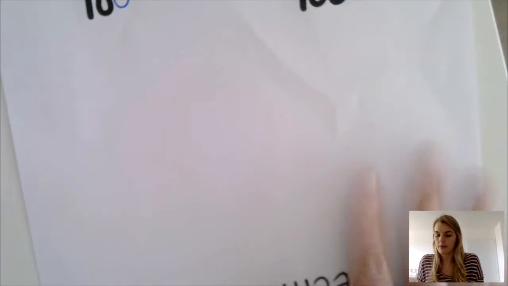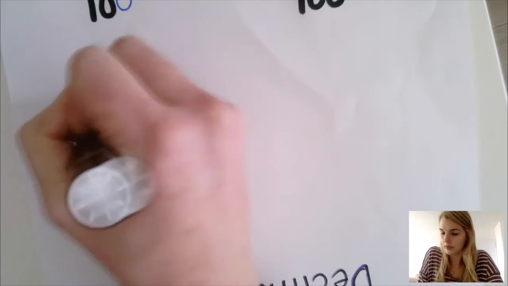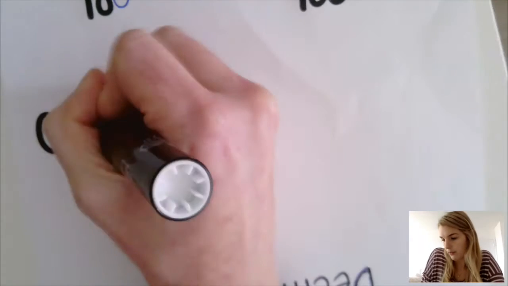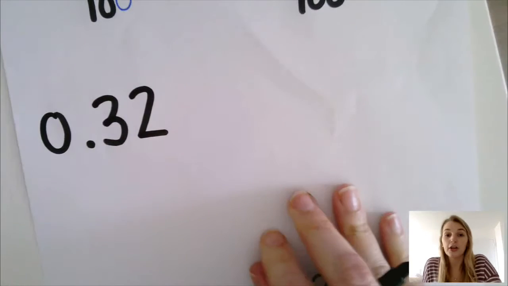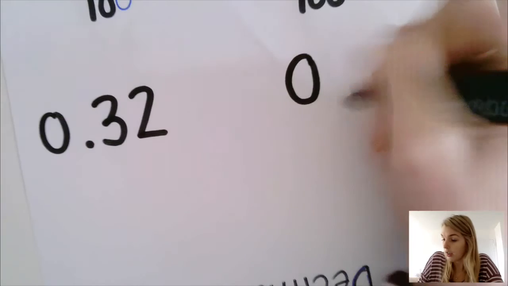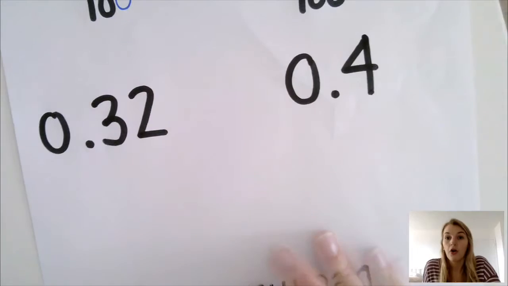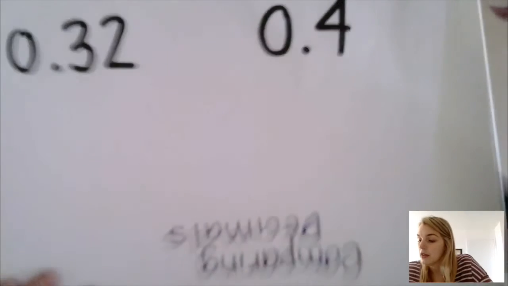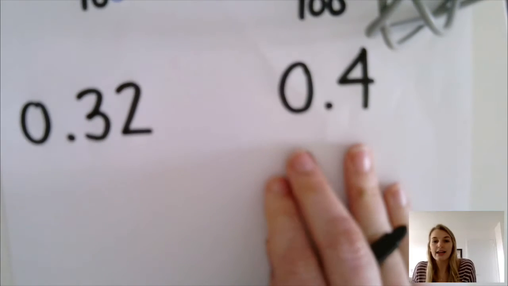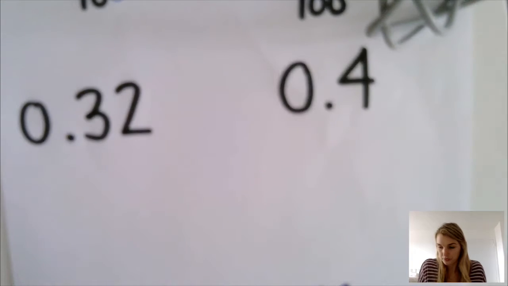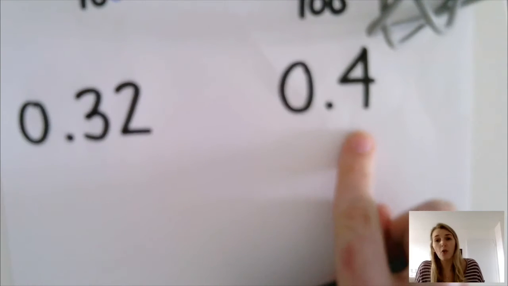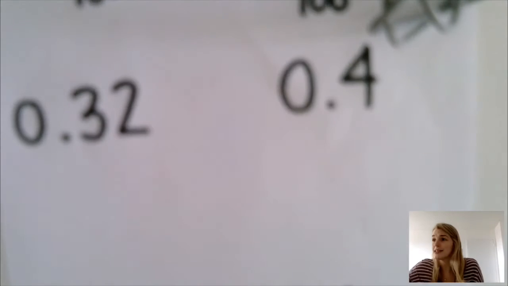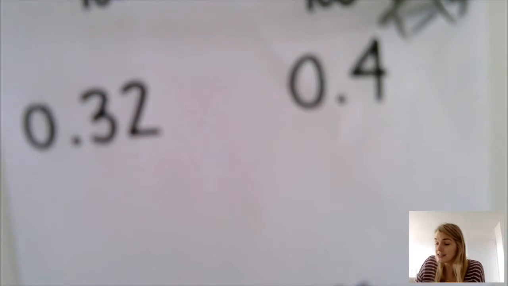So let's take another look. Let's say over here I have 32 hundredths compared to 4 tenths. Well, remember, all I have to do is take a look at these right here. If this is 4 tenths, that is the same thing as 40 hundredths.